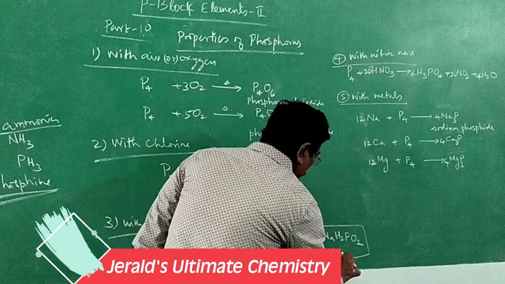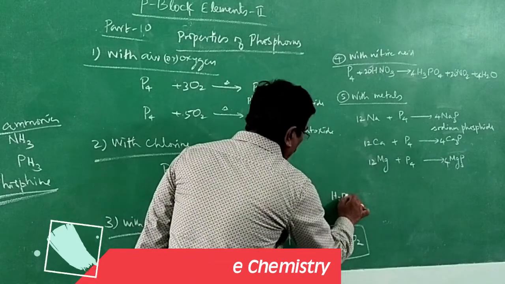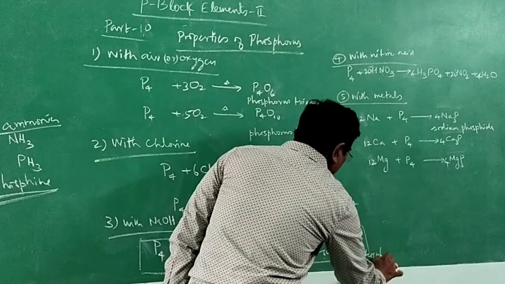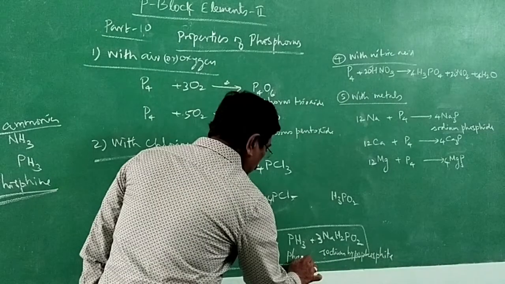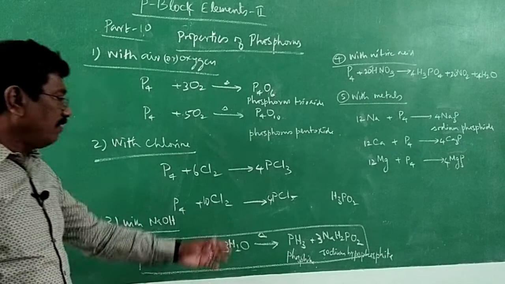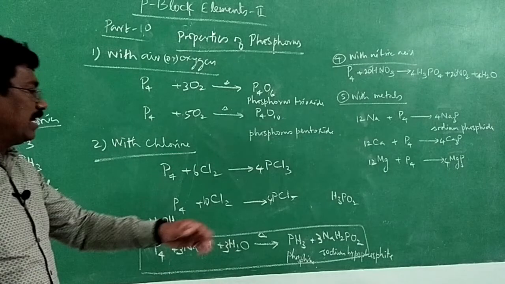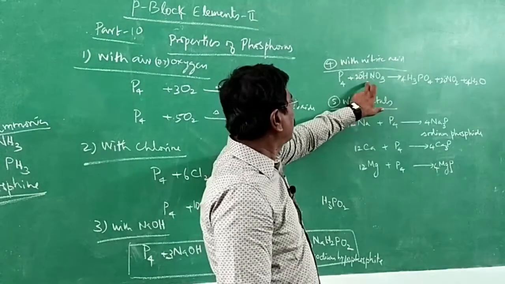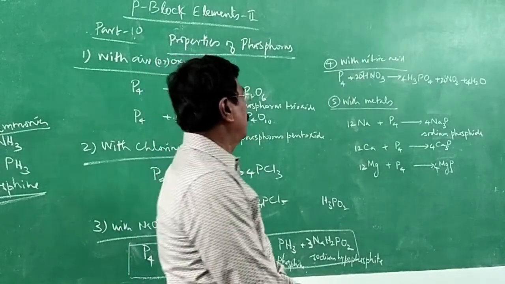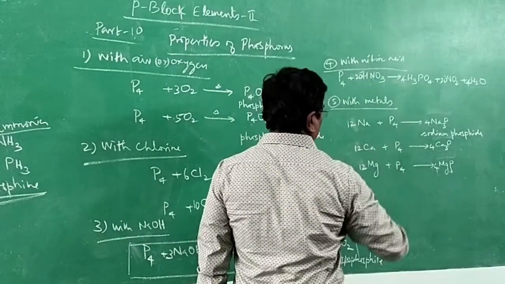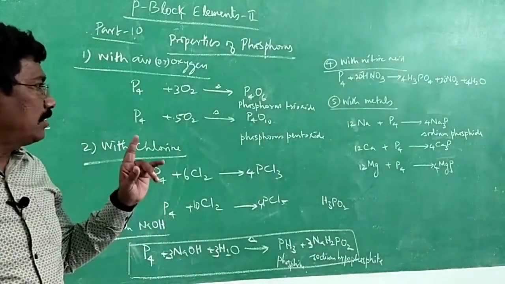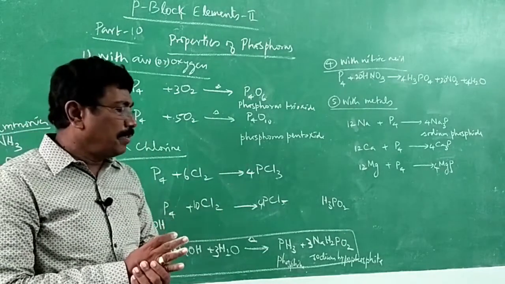The name of the compound, sodium hypophosphite, because H3PO2 is hypophosphorous acid, ITE. Phosphine is prepared by this method: when white phosphorus is heated with sodium hydroxide solution in an inert atmosphere, we get phosphine. With concentrated nitric acid, phosphorus is oxidised to phosphoric acid. Likewise with alkali and alkaline earth metals, the corresponding metallic phosphide. So with that we end up with properties of phosphorus.